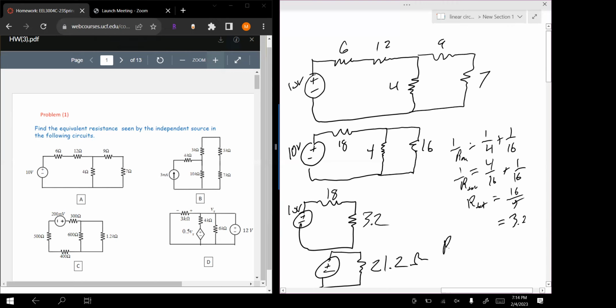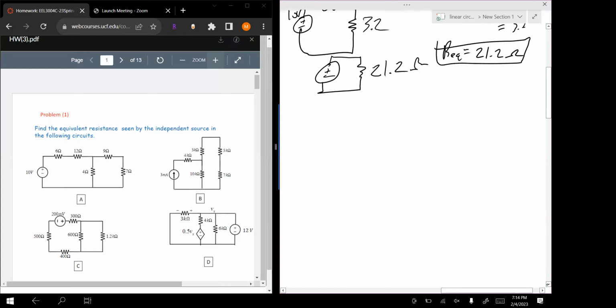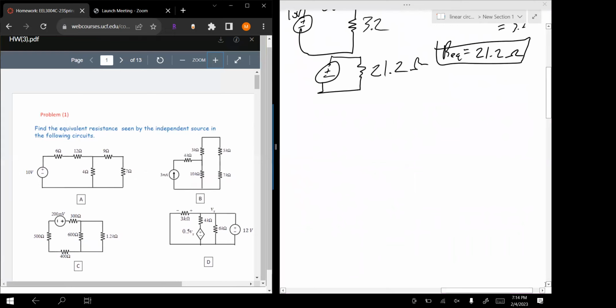So equivalent resistance is going to be 21.2 ohms. We're going to save that. We'll check all the answers. The problem is the answers are all in one little answer box there. Let's do the second one and then we'll figure it out here. All right.